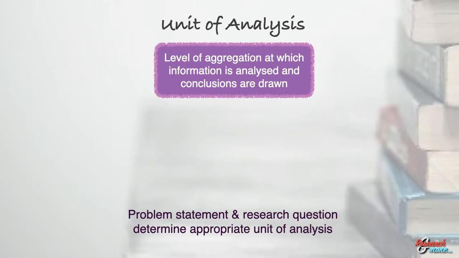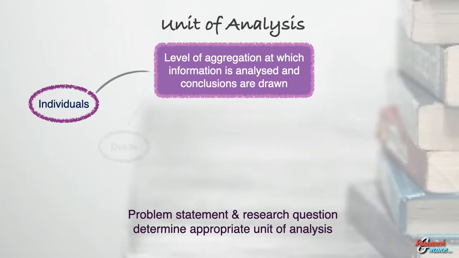For example, if our problem statement focuses on how to raise the motivational level of employees in general, then we are interested in individual employees in the organization and have to find out what we can do to raise their motivation. In this case, the unit of analysis is the individual.